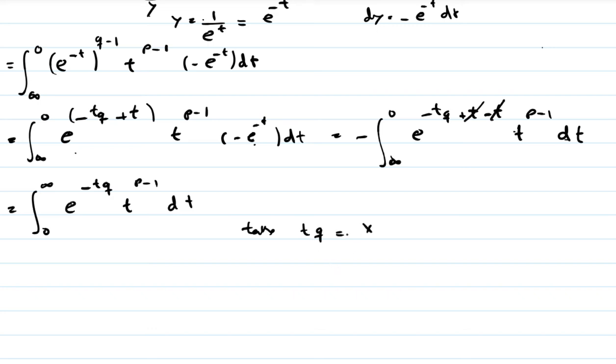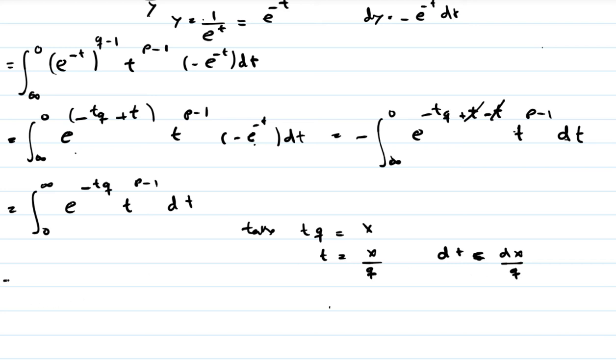If tq is equal to x, this means that t is equal to x divided by q. So dt, you can write from here, dt is equal to, the derivative of x is 1, so it's going to be dx divided by q.